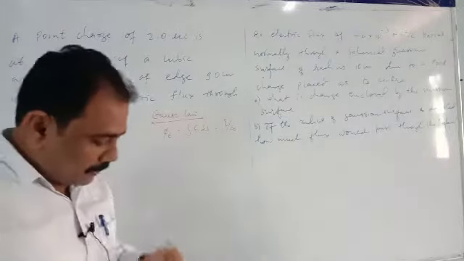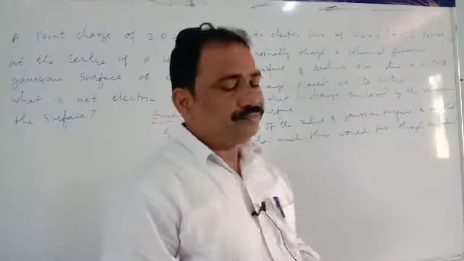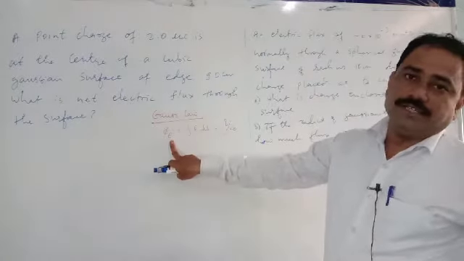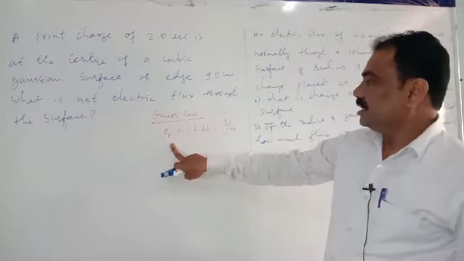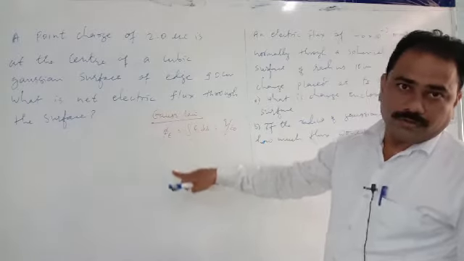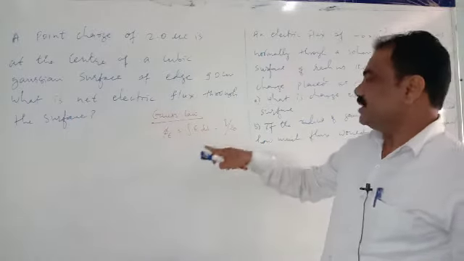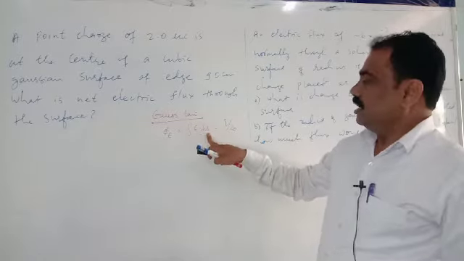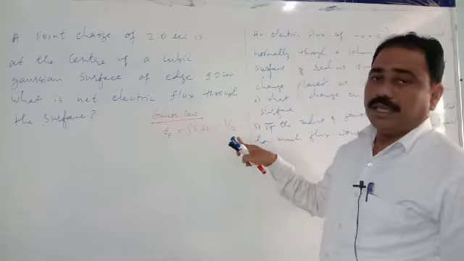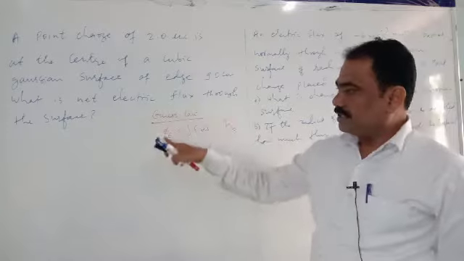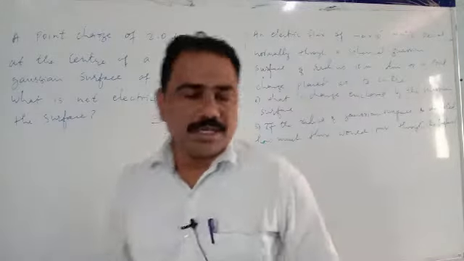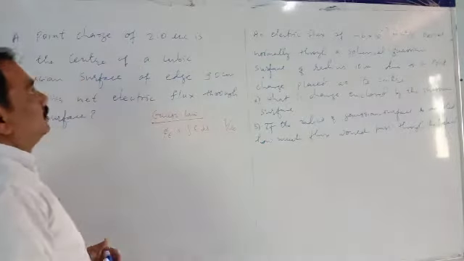Gauss law says the total electric flux through an enclosed surface is exactly equal to the integration of E dS, which is equal to Q by epsilon naught. This theoretical concept we have seen already, so it may be applied here. Now see how we can apply it.